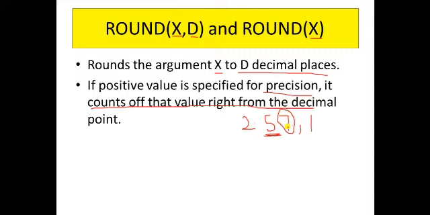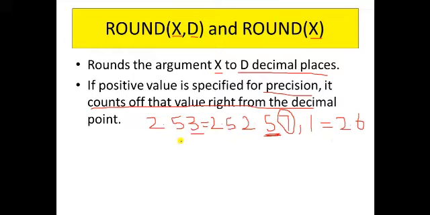If it is less than 5, the number will remain the same. Now 7 is greater than 5, so this will result in 2.6. Now we have 2.53. Here 3 is less than 5, so this number will not increase, it will remain the same. So it will be 2.5 only.